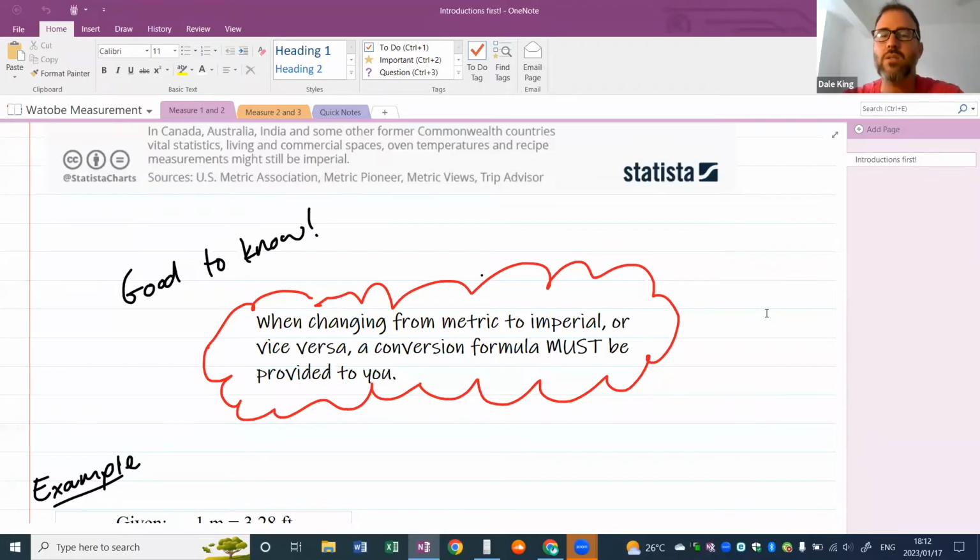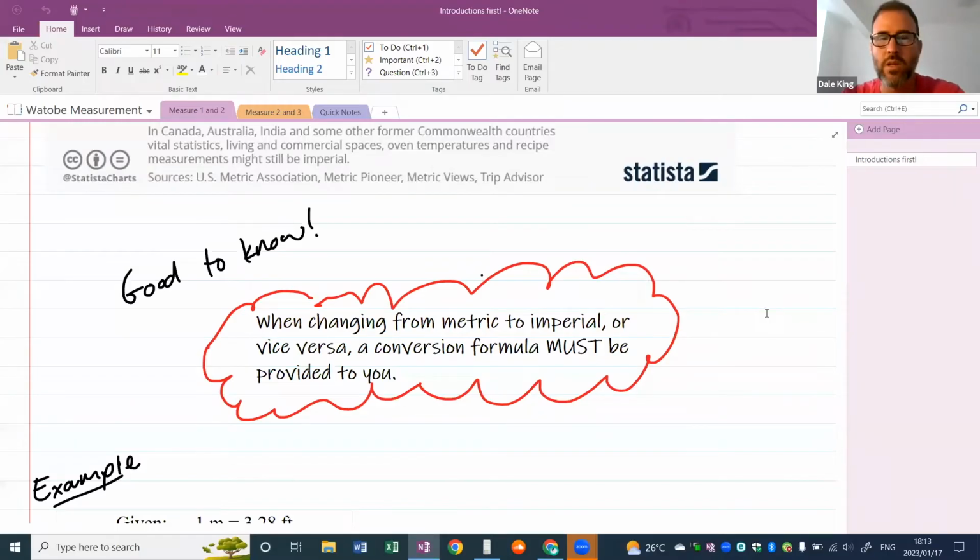They give us the conversion formula, which is very good to know. That's the good news, okay? So if they're going to ask you to convert from one to the other between these two systems, they have to give you the formula. When you work within the metric system, though, you have to know how to convert within that single system. But between these two, they have to give you the formula in the exam.